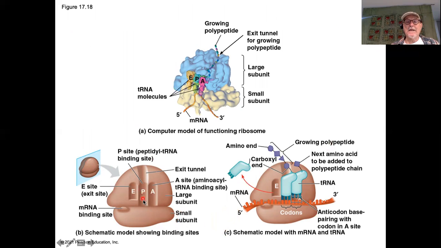At A and P, there is actual bonding between transfer RNA and messenger RNA. The A site, the full name is the aminoacyl tRNA binding site. Just remember A, amino, and you'll remember. The P site, the proper name is the peptidyl tRNA binding site. Just remember the peptide site, and you'll be able to keep those in your mind.